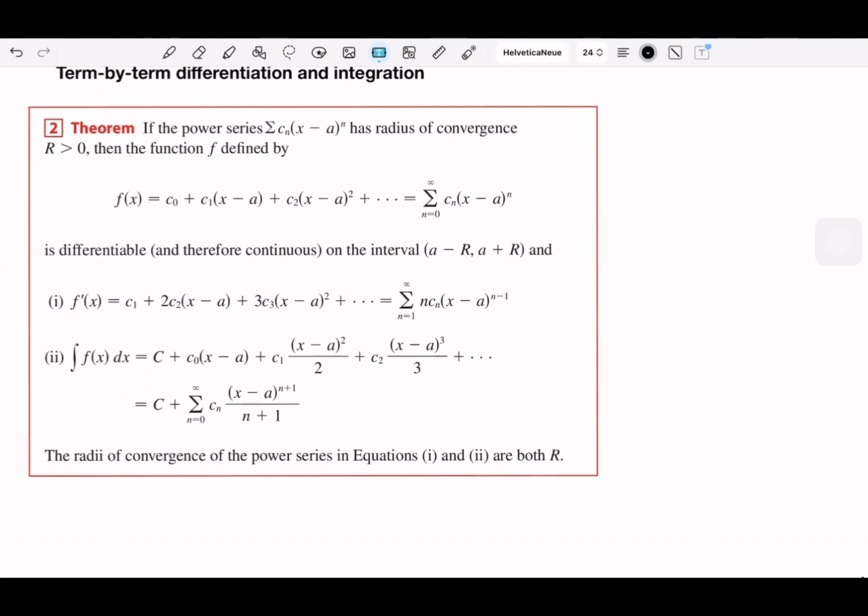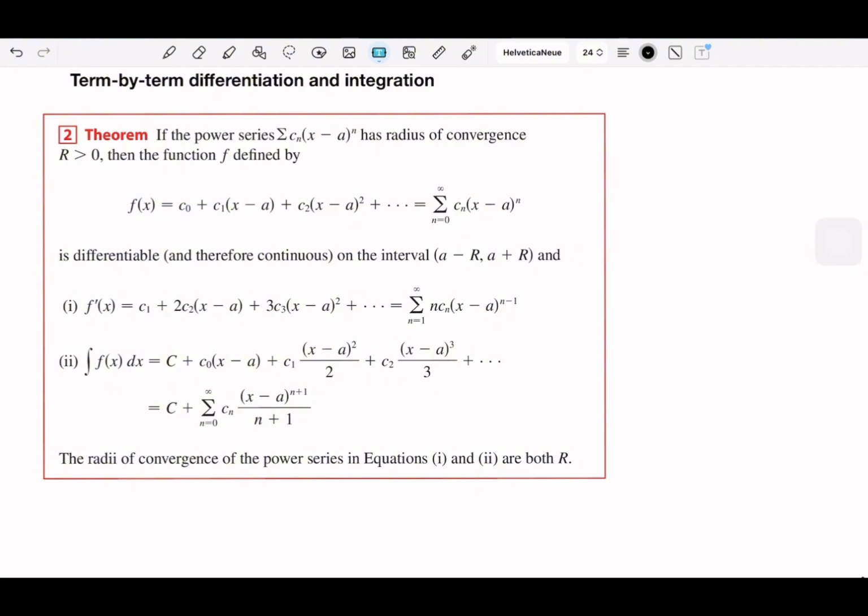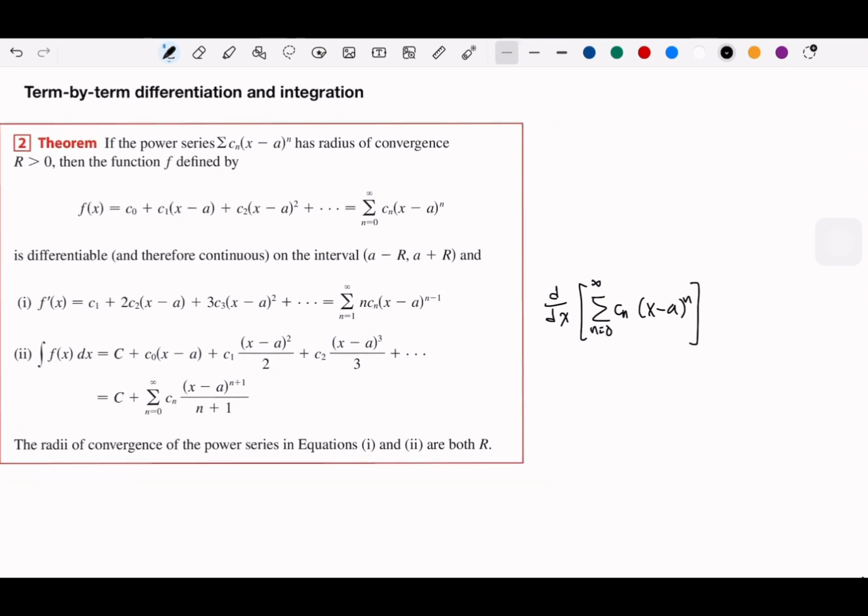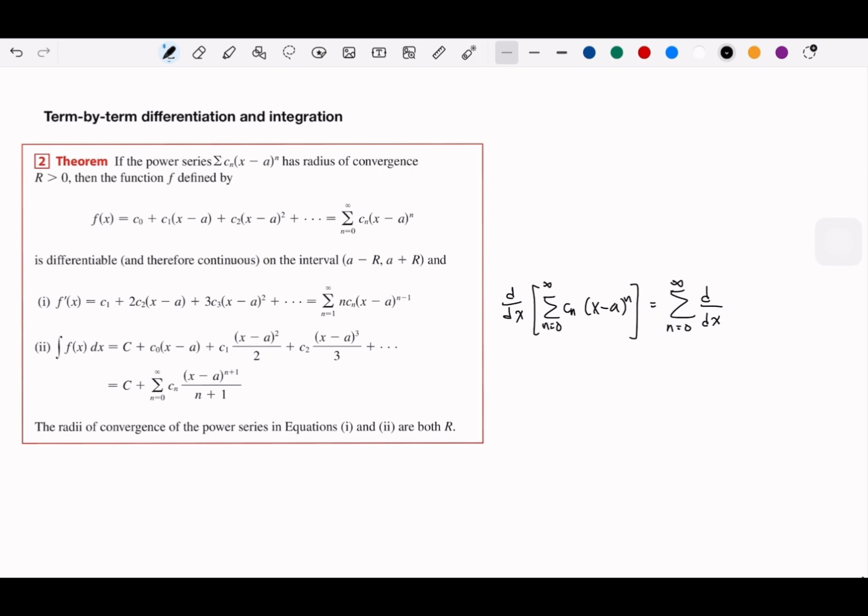And we can also write this in the form of d/dx. Basically we can differentiate the series directly, or we can differentiate one by one and then make conclusions.